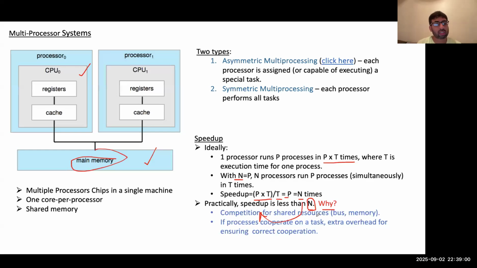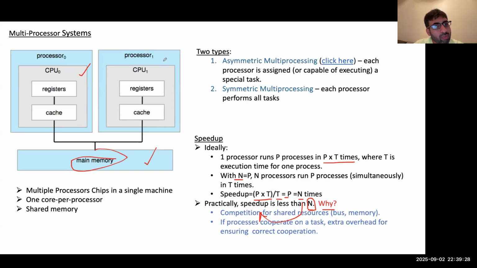Also, if we have two or more processes cooperating with each other to complete a task, they may need to communicate, and they may need to access the same location in memory, but they need to ensure correctness. For example, the data written by the process running on CPU 0 is then read by the process running on CPU 1, right?